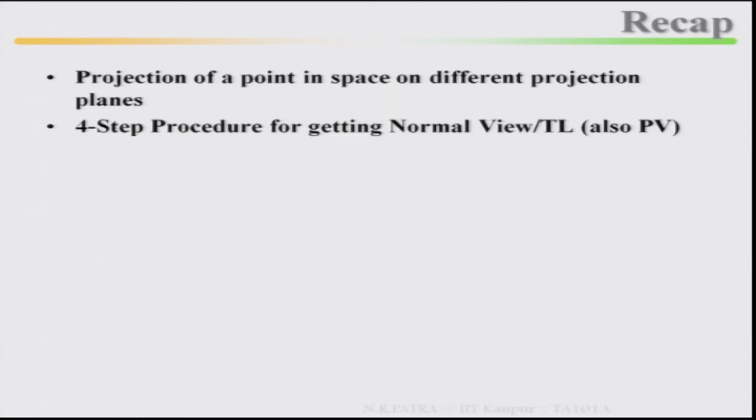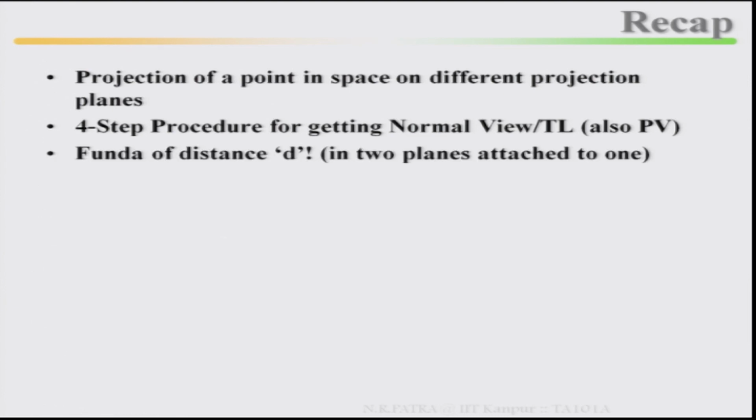So, what we have done up to now: projection of a point in space on different projection planes, and we learned the 4-step procedure for getting the normal view, true length as well as point view of a line. Also the funda of distance d, that means two planes attached to one has been cleared.